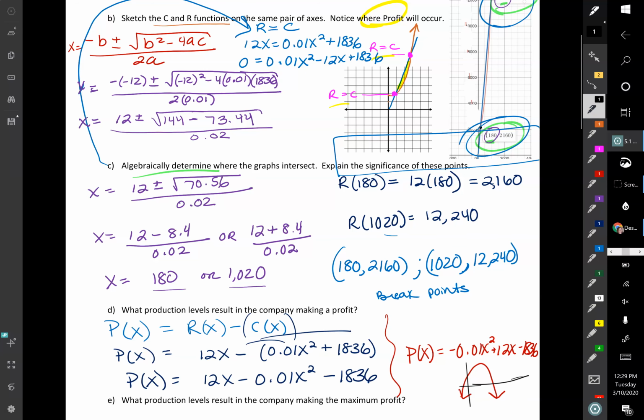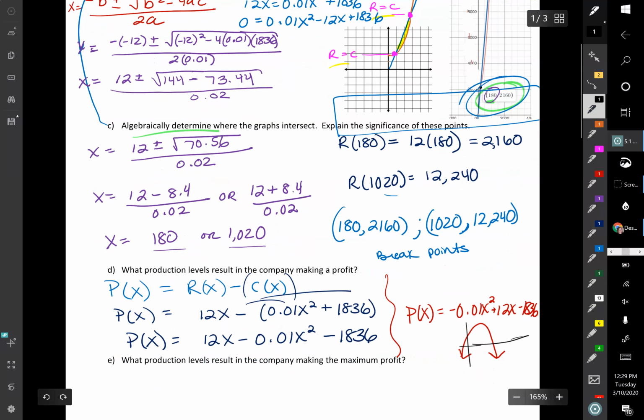So the answer for that would be between 180 and 1,020 items.